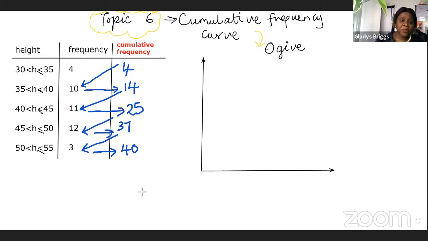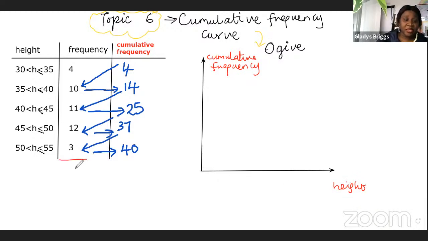And this time you're plotting the cumulative frequency against the data. So what do we have here? Height. Okay, so you're going to plot the cumulative frequency against the data.